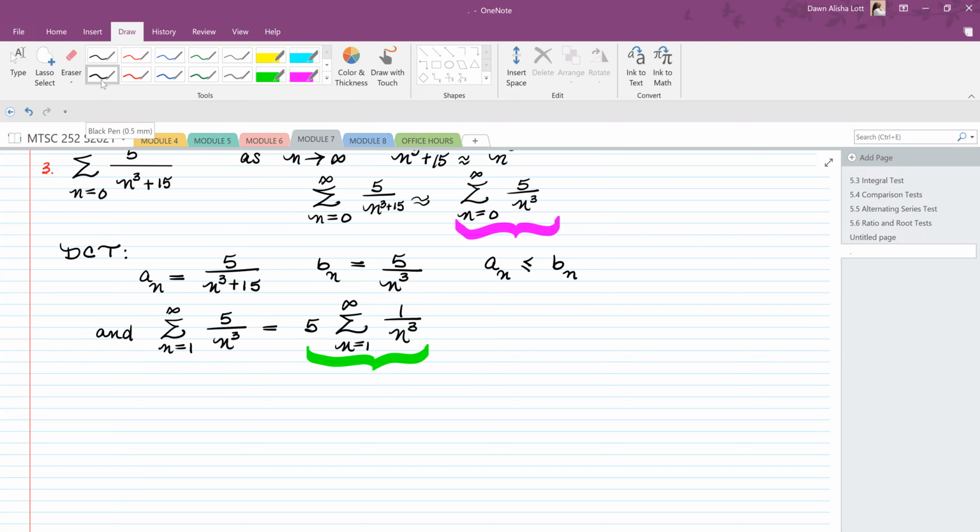Because of the p-series, since p is 3, it converges. So this series is a p-series where p is equal to 3, and so this converges. That altogether implies that the summation of 5 over n cubed plus 15 also converges.